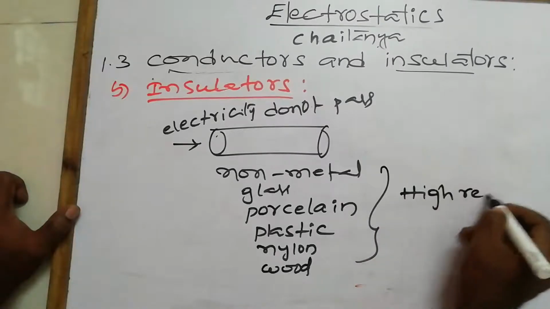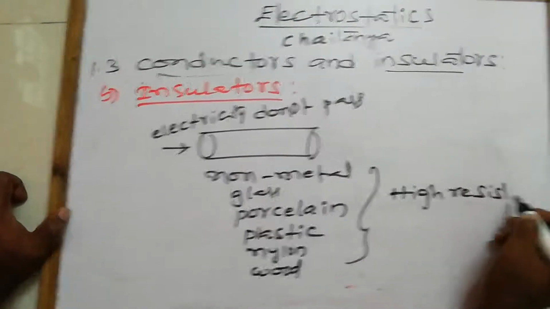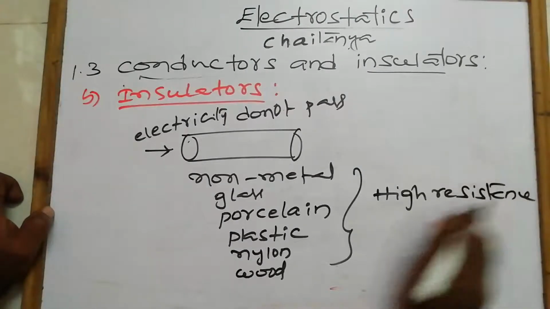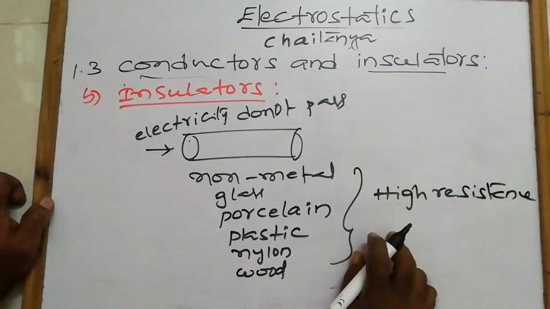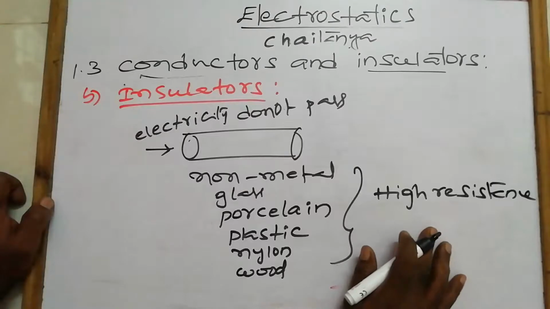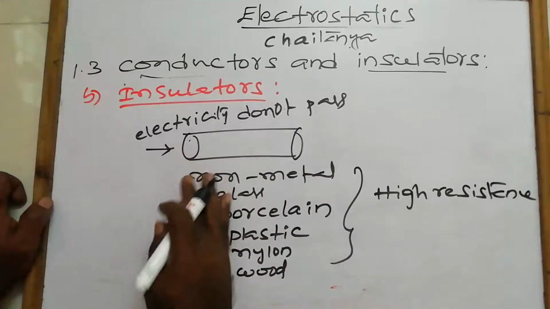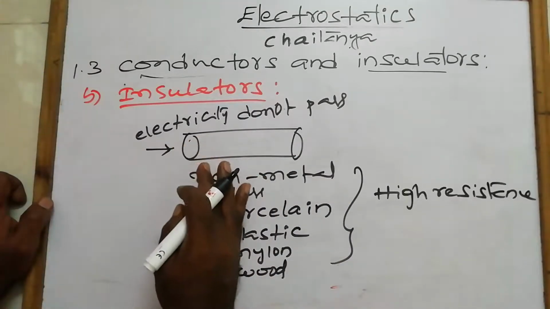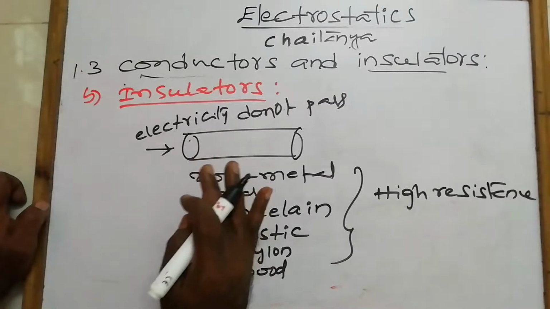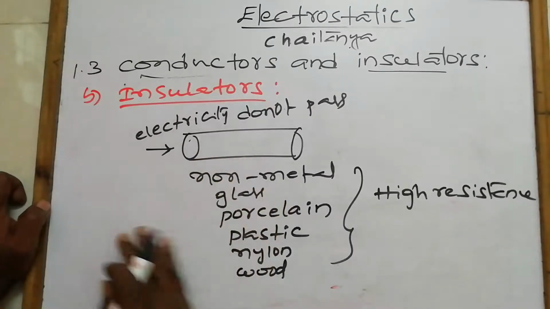Due to this high resistance, they do not allow electricity to pass through them. So those substances are called insulators.